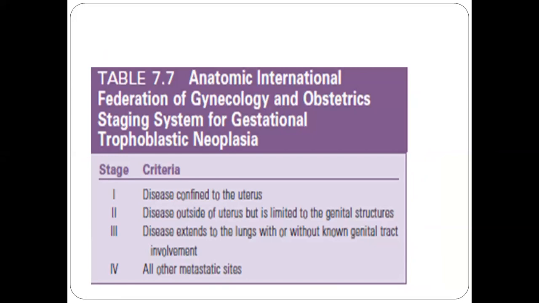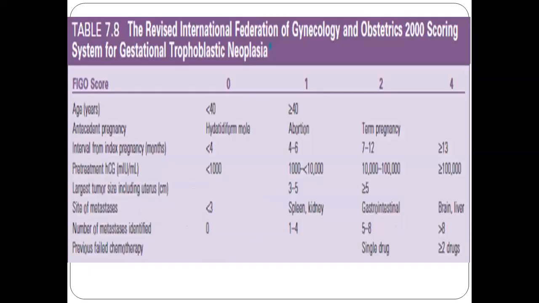Yes. So there is the FIGO staging for GTN. Stage 1 is when disease is confined to the uterus. Stage 2 is disease outside of the uterus, but still within the genital structures. Stage 3 is when the disease extends to the lungs, with or without genital tract involvement. Stage 4 is distant metastasis, when this choriocarcinoma has gone to the spleen, the kidneys or the brain.